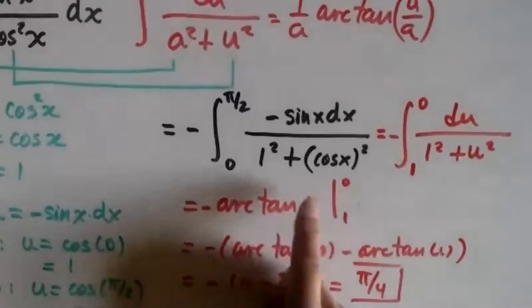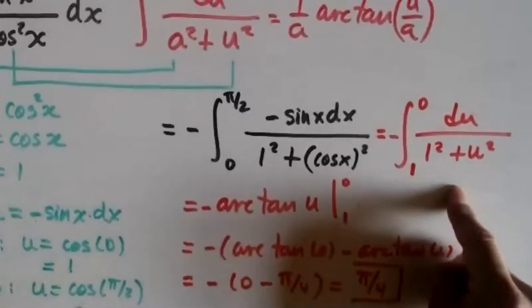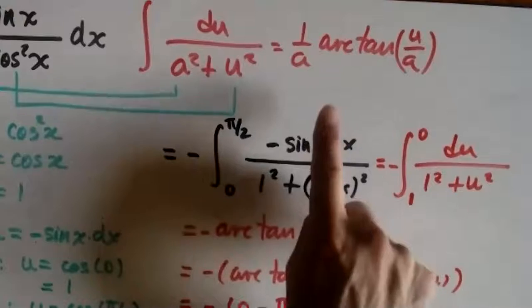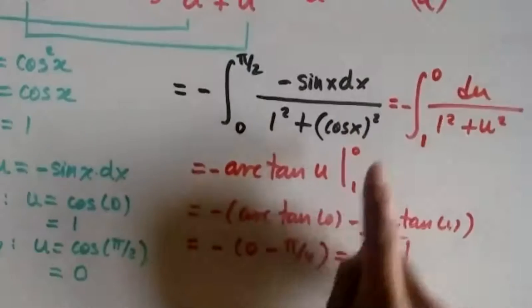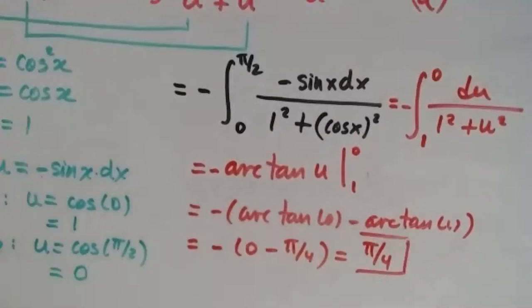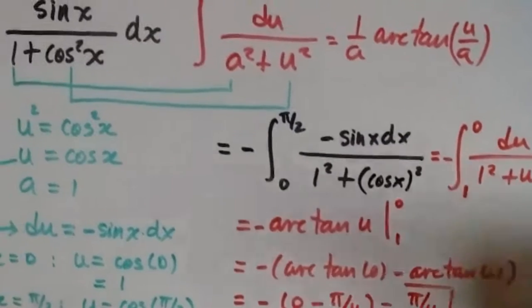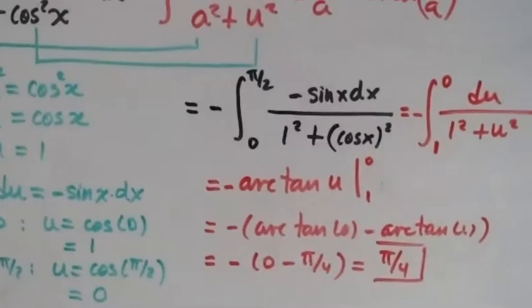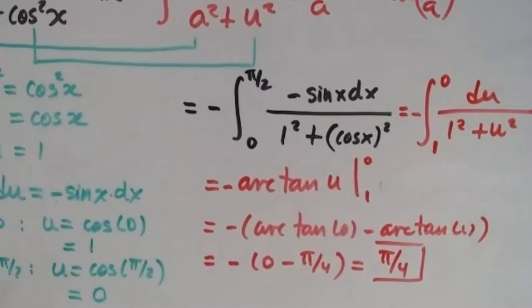You group conveniently your integral, and then your u substitution, your answer according with your formula, and then you evaluate in the limits of integration, and then you get your answer. So pretty much the same repetitive thing. Okay. Any question here? Pretty much easy.